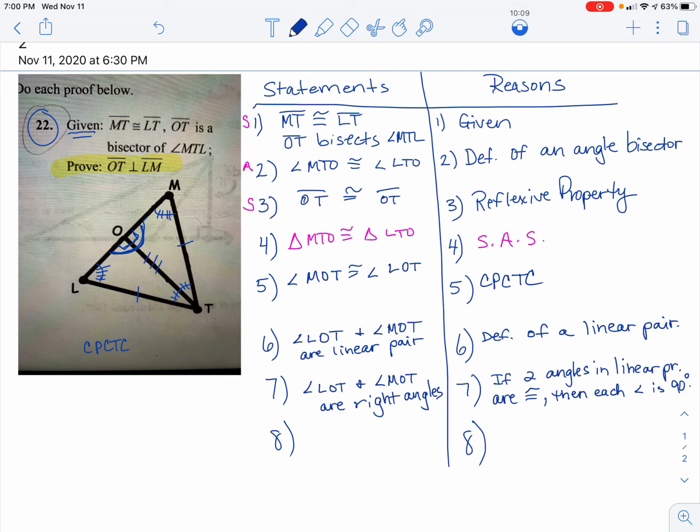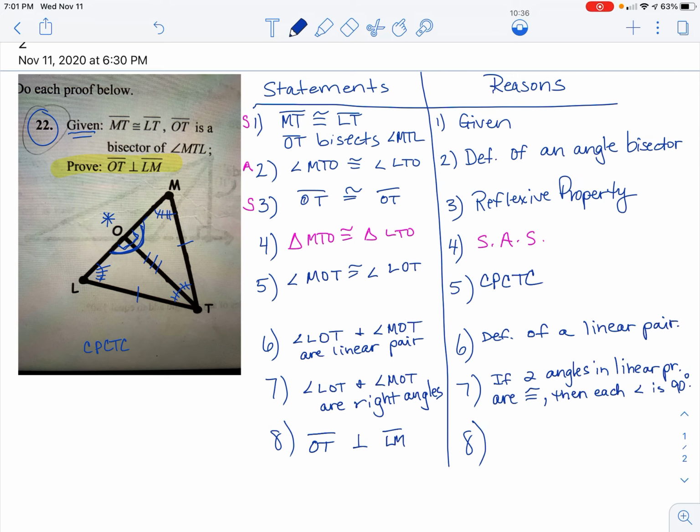If each angle at this point right up here is 90 degrees, then that means that TO has to be perpendicular to, and let me flip that around because they actually state it differently in our proof statement up here. So what I have highlighted in yellow up there, I'm going to write right down here for step 8. So OT is perpendicular to LM.